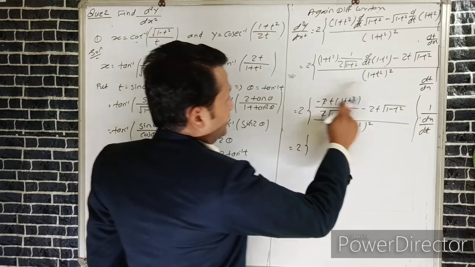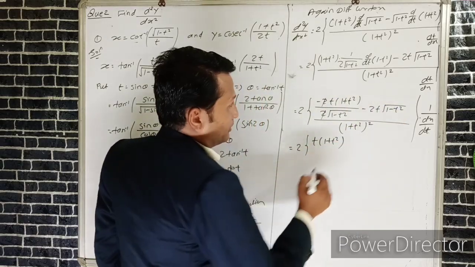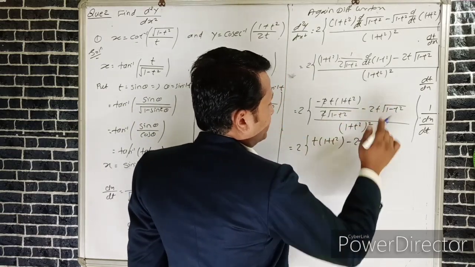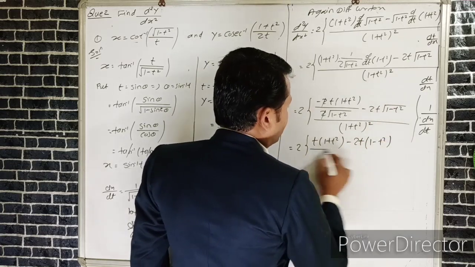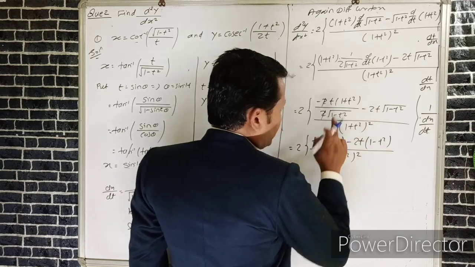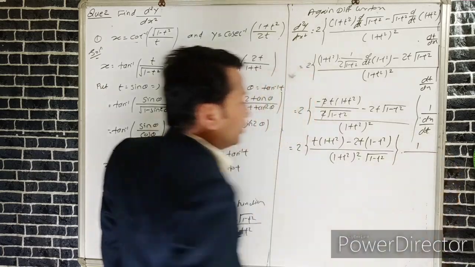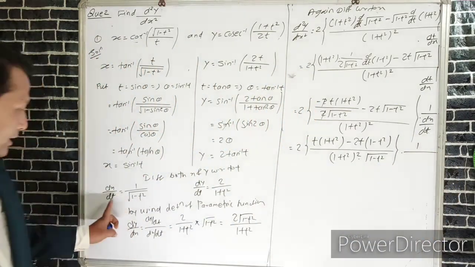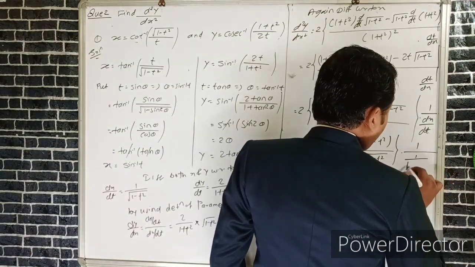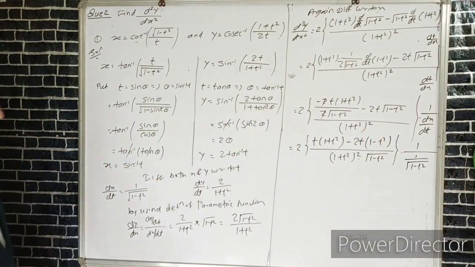Now, if we take the cross product of these both, we can write t into 1 plus t square minus 2t, under root of 1 minus t square, upon 1 plus t square whole square into under root of 1 minus t square into 1 upon, we know that the value of dx upon dt is 1 upon under root of 1 minus t square. We take this value of dx upon dt from equation 1.